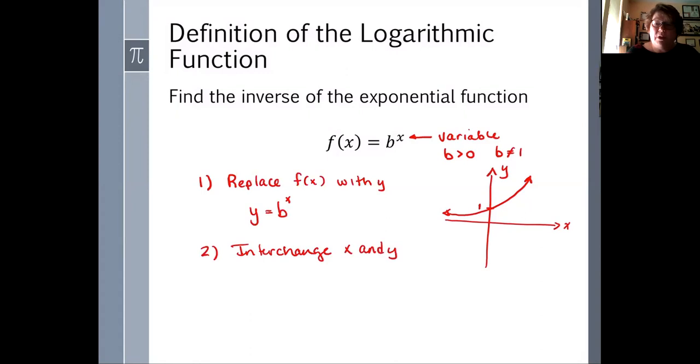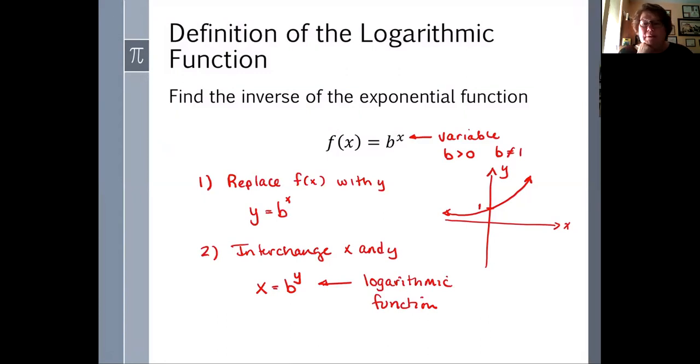So what I get when I interchange x and y is I get x equals b to the y. And that is the logarithmic function. So the last step when we were finding the inverse is we solved this function for y.